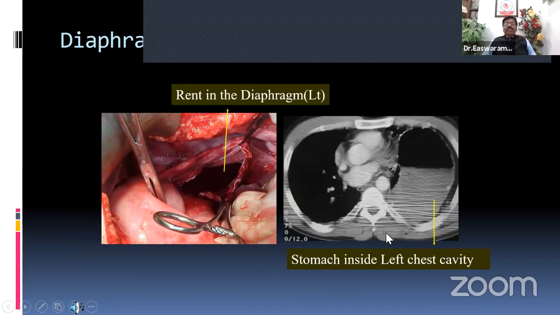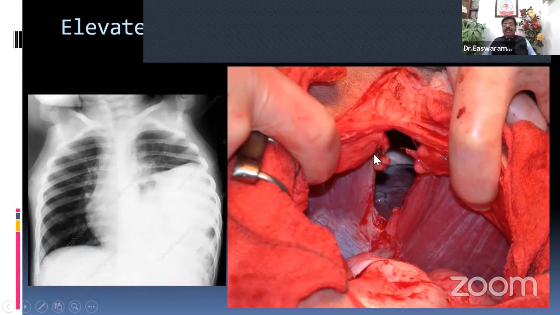And if you do a CT, you can see this side is okay, but on this side the stomach is herniating into the chest. You can see on the left side a large diaphragmatic rent, a large injury to the diaphragm, an elevated dome of diaphragm with a fluid-filled stomach.